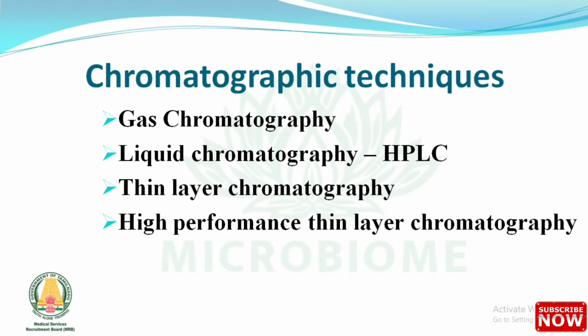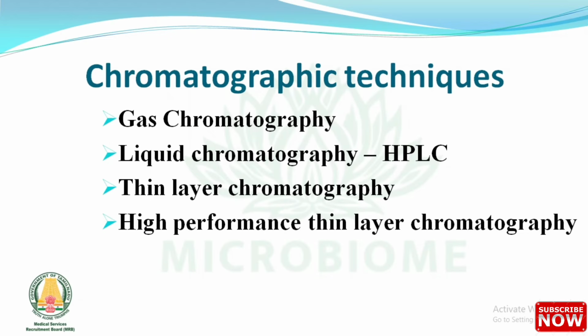Gas chromatography is applied to volatile organic compounds. The mobile phase is gas and stationary phase is liquid. And liquid chromatography is used to separate analytes in solution, including metal ions and organic compounds. Here, the mobile phase is solvent and the stationary phase is liquid.